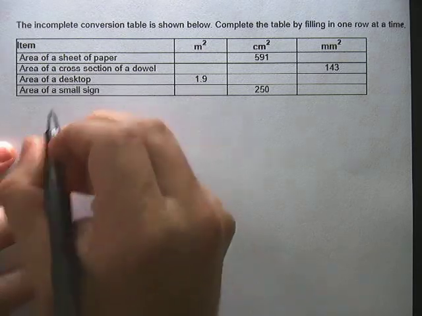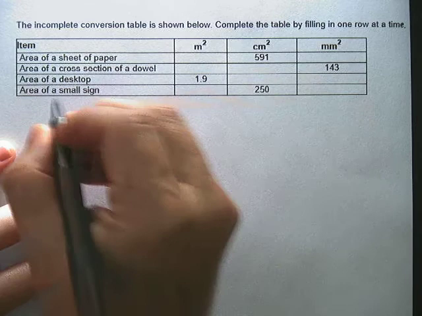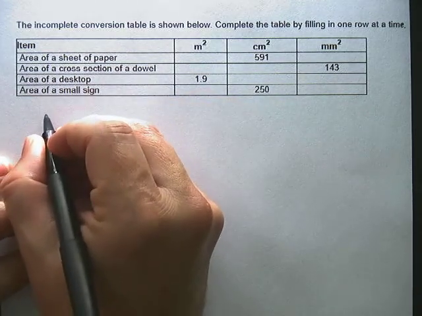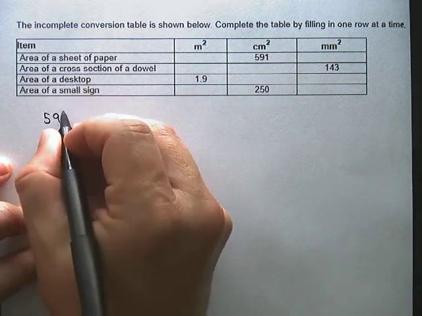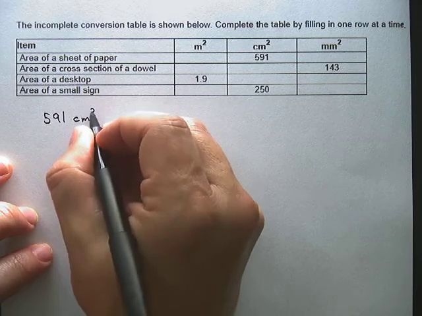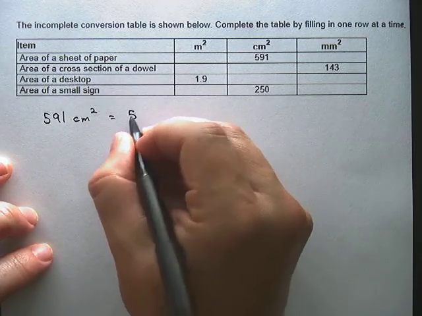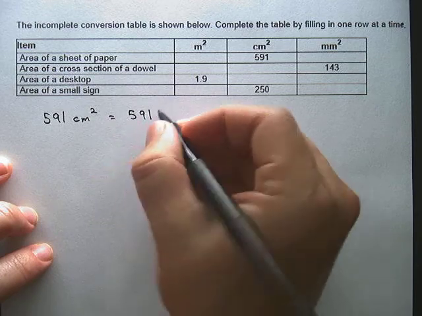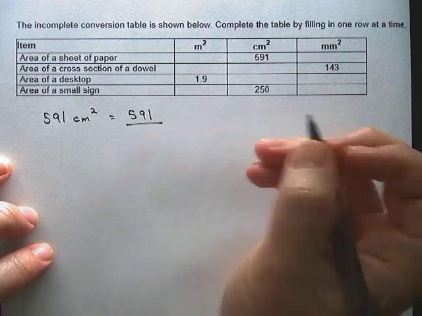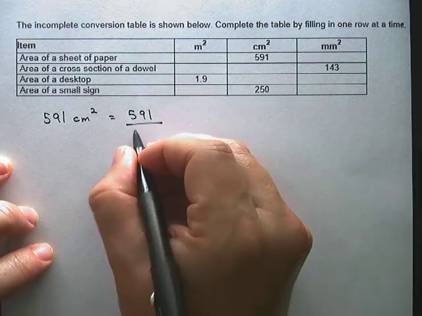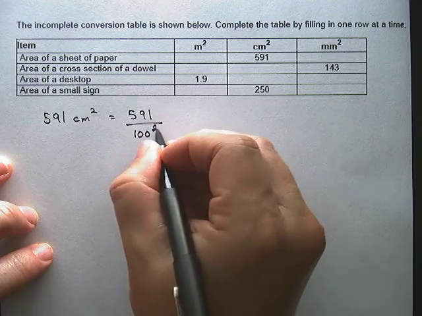Okay, so if we have 591 centimeters squared, what that's going to be in terms of meters squared is 591 divided by 100 squared.